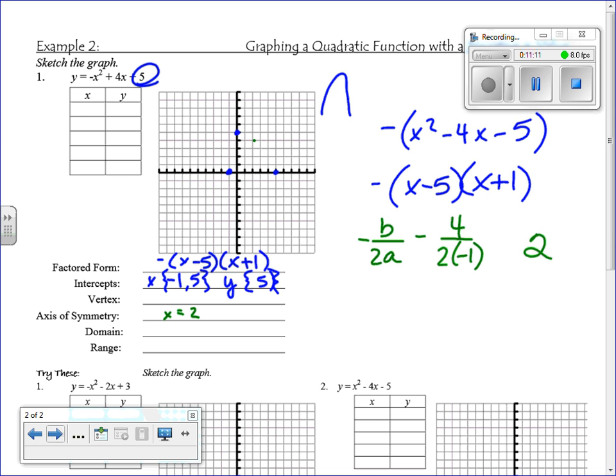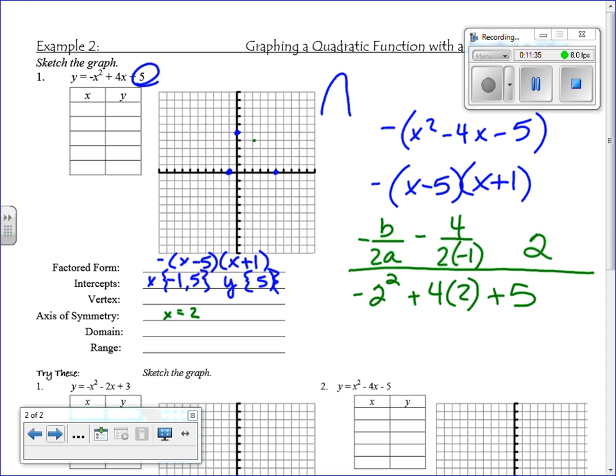My vertex, I'm going to substitute 2 in. So I'm going to say negative 2 squared plus 4 times 2 plus 5. Now this is a mistake that some of you are going to make. You're going to say negative 2 squared and make it 4. But we have to square that 2, then make it negative.